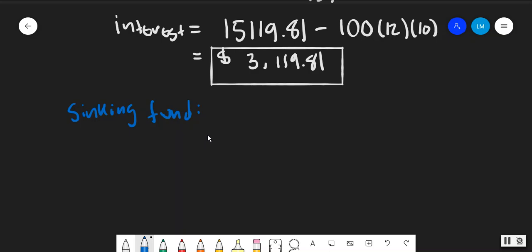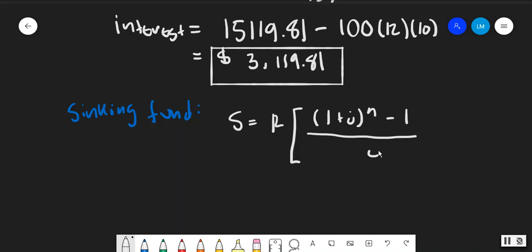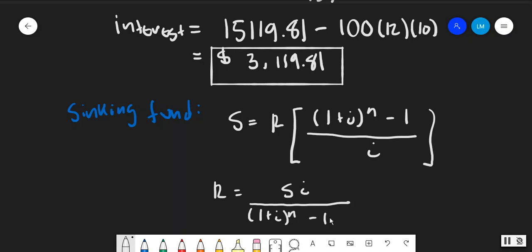So when it comes to finding the amount that you need to save up for, you basically just consider this. If you know that the sum of the payments is equal to R times (1 plus i to the n minus 1) divided by i, then it makes sense to just divide by the entire bracket to solve for R. So R is basically equal to S times i divided by (1 plus i to the n minus 1).